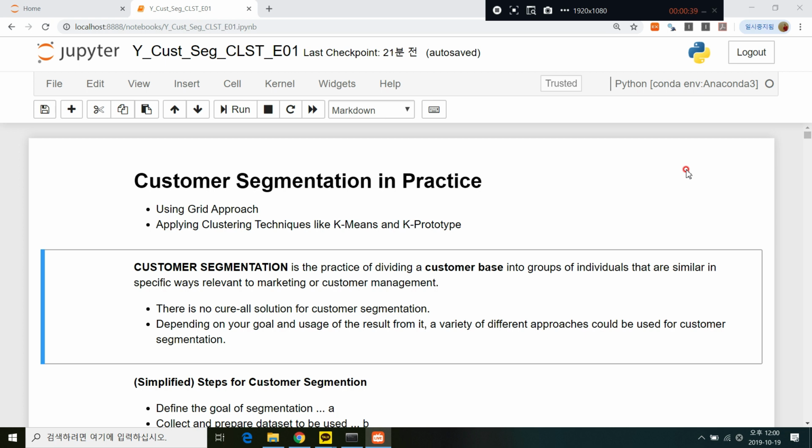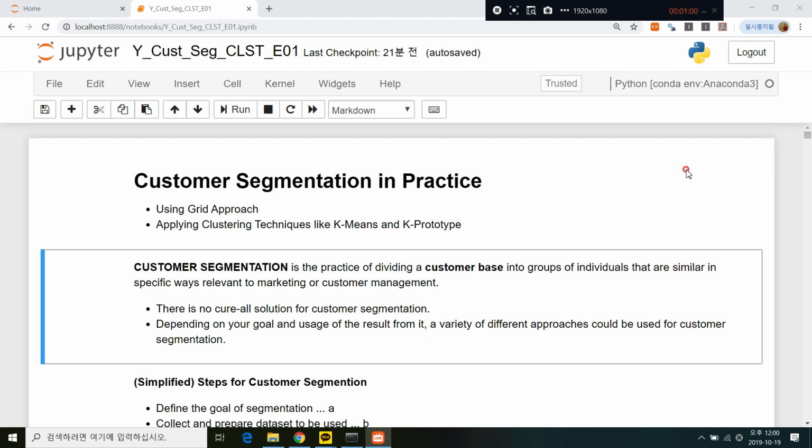Still, it's important, and many people think about it and work very hard on this topic. But unfortunately, we do not have much understanding of what customer segmentation is and its techniques and procedures.